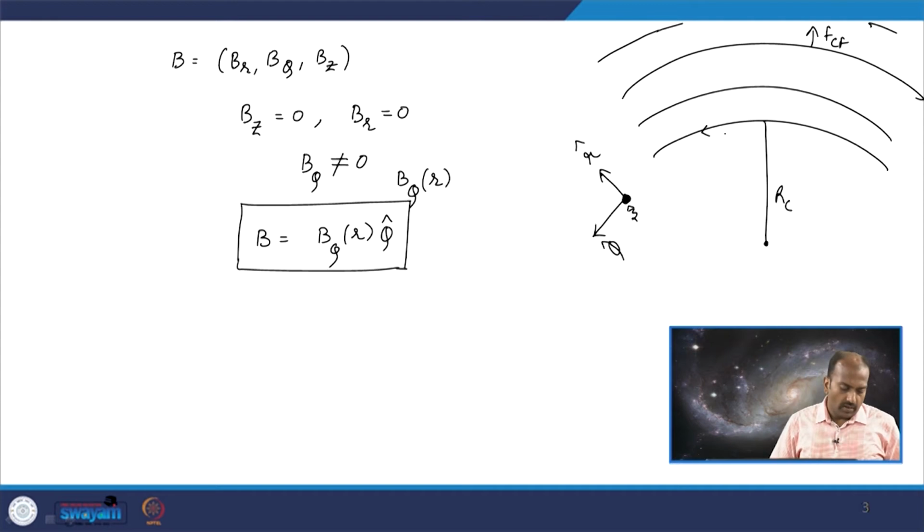We will try to see how we can combine both the types of magnetic fields.